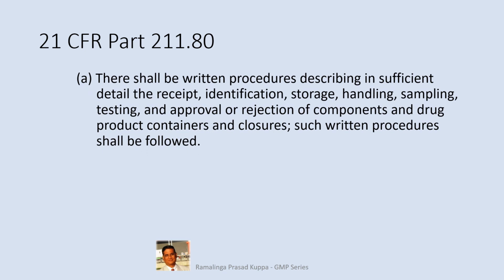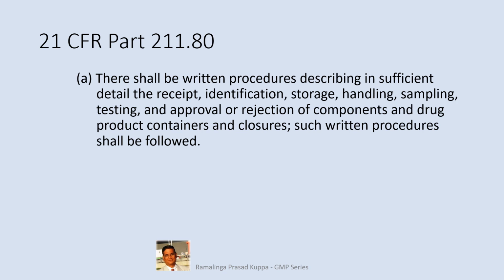21 CFR Part 211.80 prescribes that there shall be written procedures describing in sufficient detail the receipt, identification, storage, handling, sampling, testing and approval or rejection of components and drug product containers and closures.